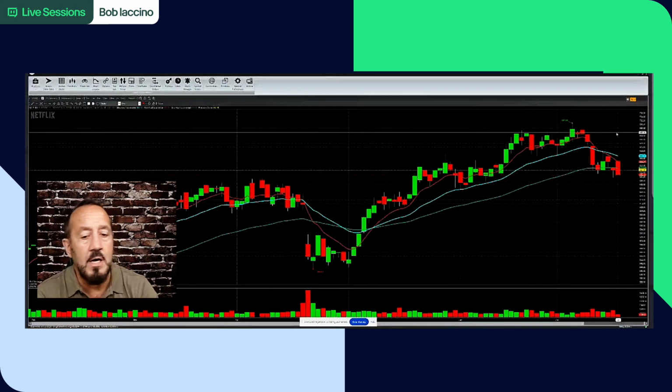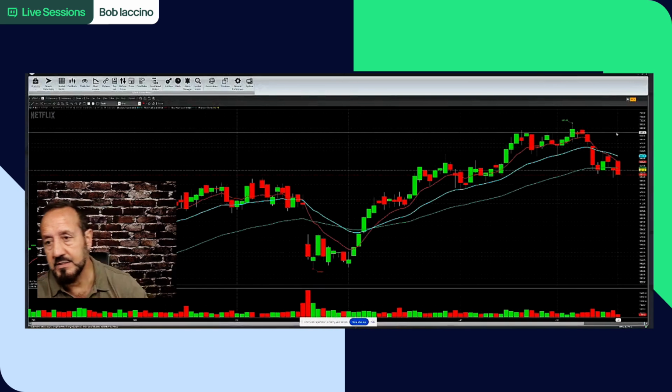If you want to put on a long trade in Netflix on a short-term chart, but we're in a longer-term shift to a short theme for Netflix, you do not want your long trade's target to be above the daily 50 because you're going to have a hard time getting through it. Okay. That's basically in a nutshell what I'm trying to say.